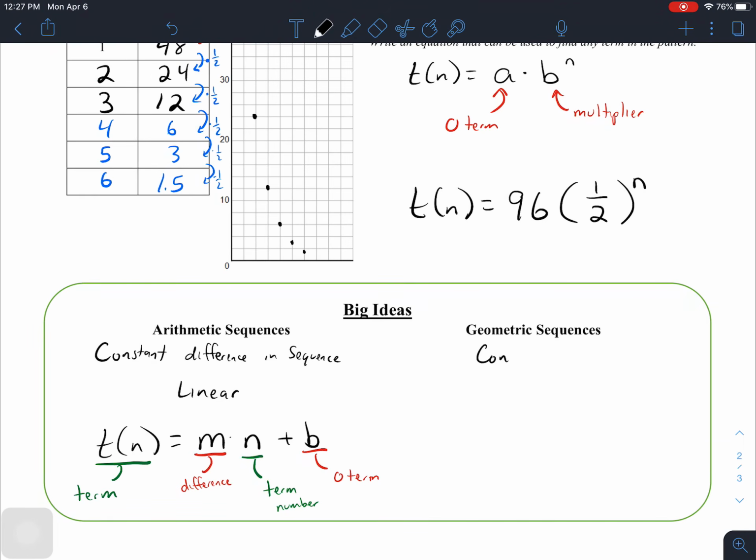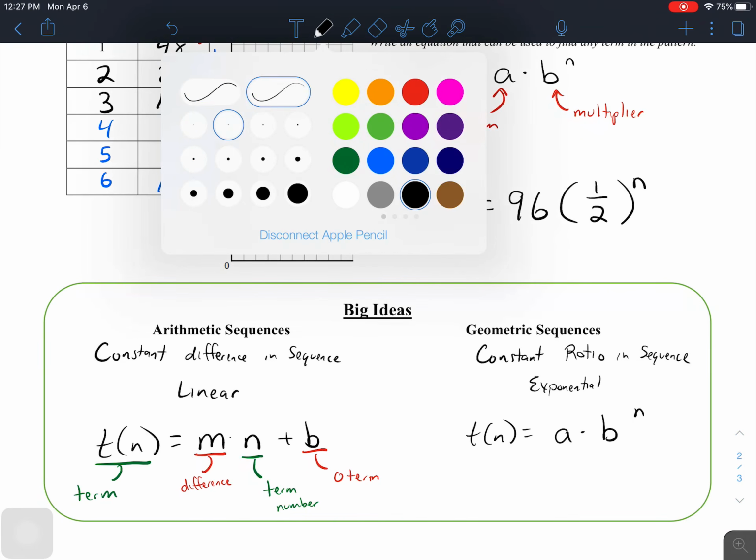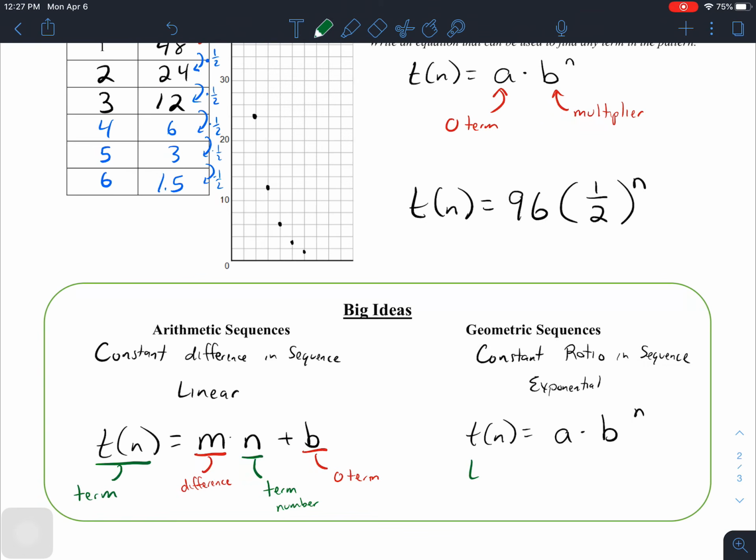You also have geometric sequences, which means you have a constant, we call it a multiplier on it. We refer to it later as maybe a constant ratio in the sequence. And that follows an exponential pattern. And that's the equation T of n equals, we'll use A times B to the n.